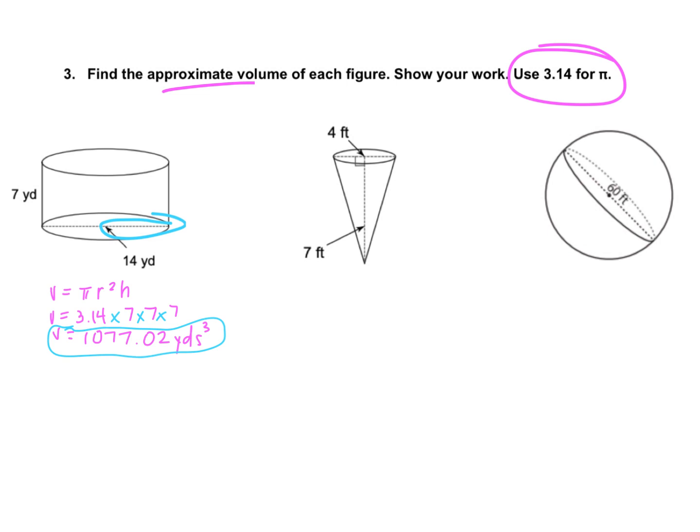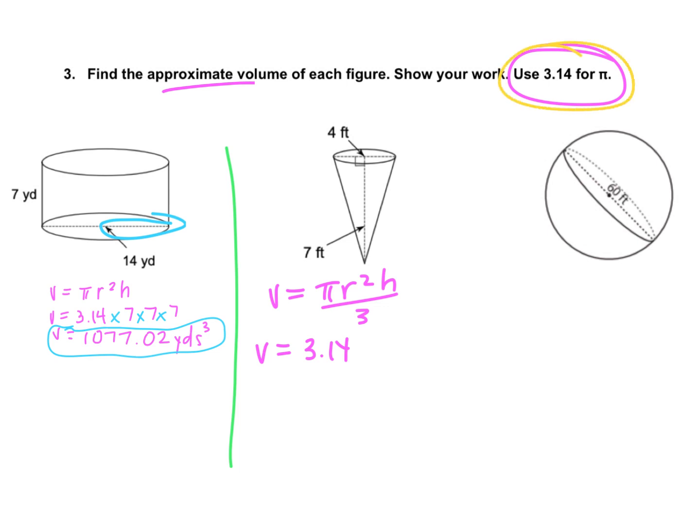Okay, again, our cone here is pi r squared h, and divide that by 3, or you can use 1/3 if that's your preference. So we're going to use 3.14 for pi, like the directions say. And then we're going to times that by the radius.